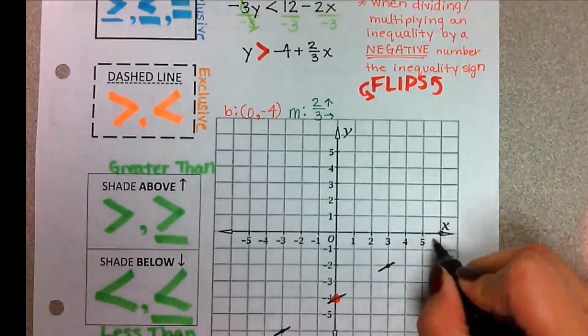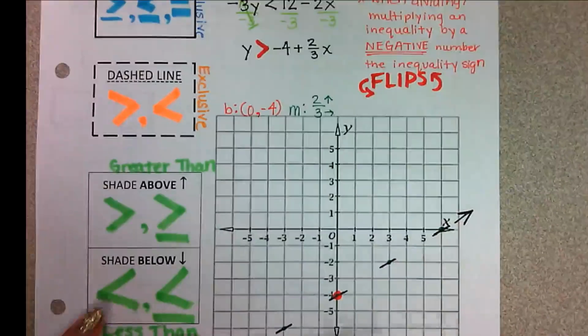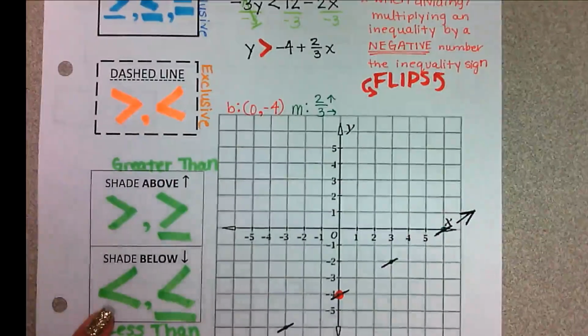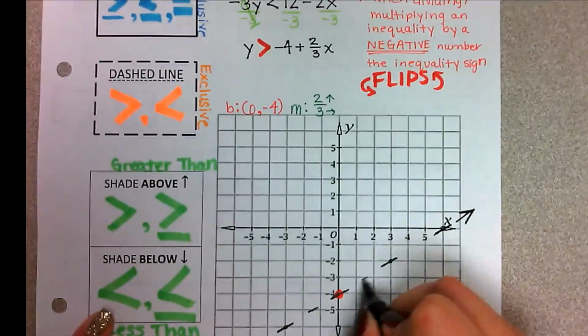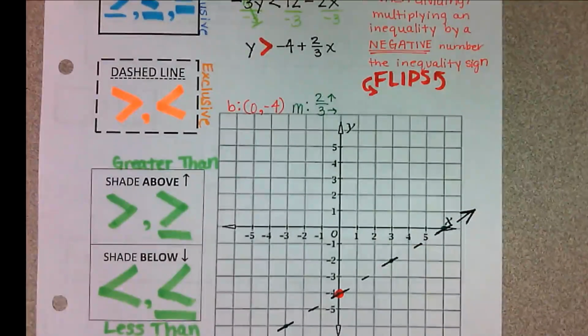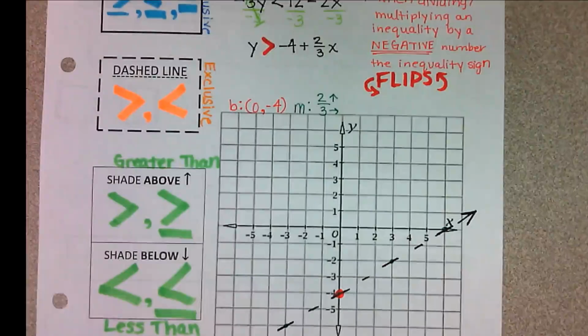The easiest way is to just write small dashes on those dots. And please do not forget your arrows that should go all the way across. Now, it is a greater than symbol, so that means I will be shading above.